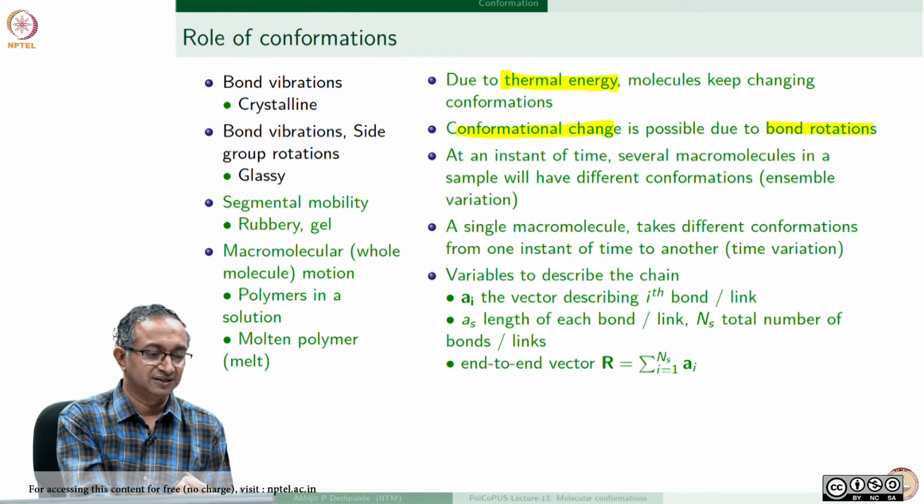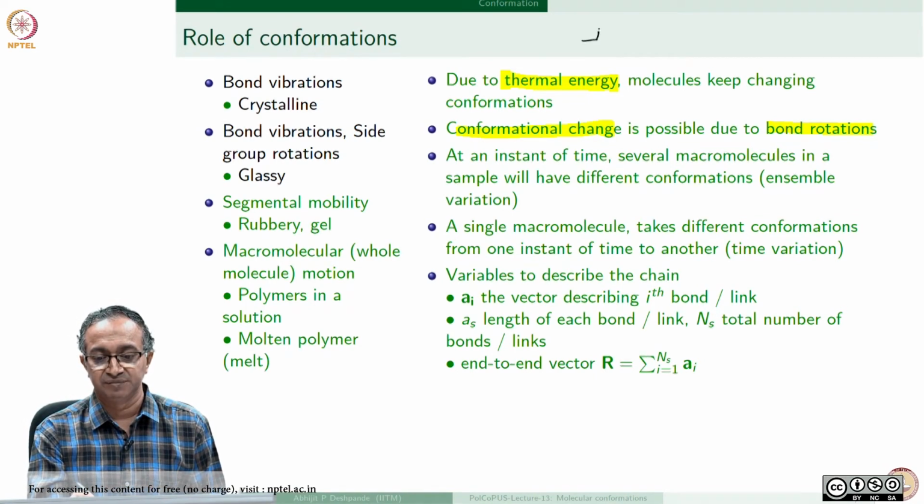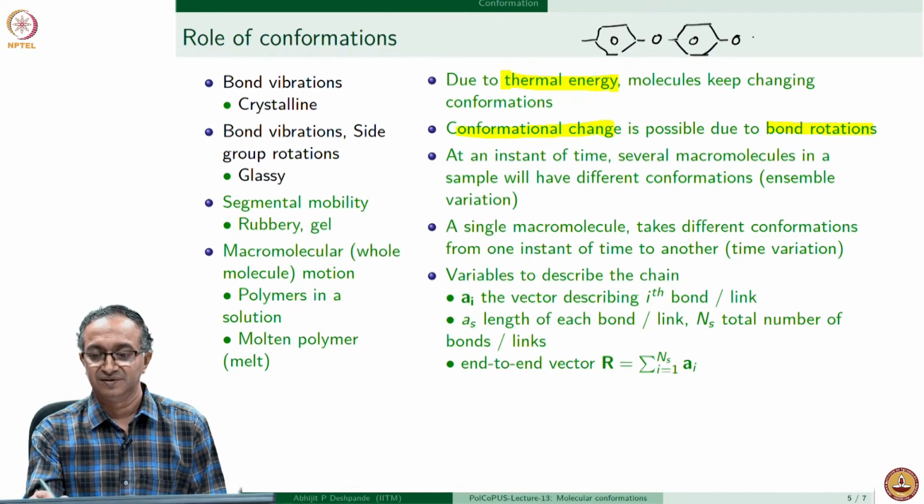So polyether ether ketone is a very strong engineering material which is used for aerospace, and it has ether bonds, so carbon-oxygen bonds, and it also has benzyl groups along its backbone. Polyether, ether, and then ketone.